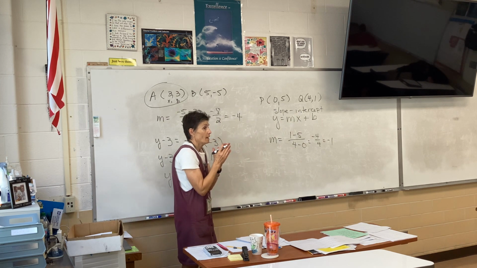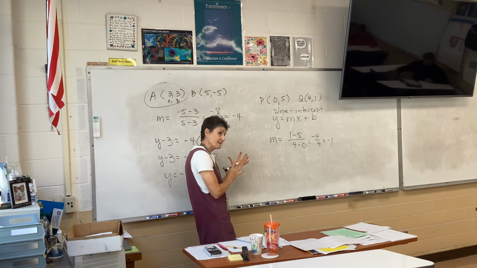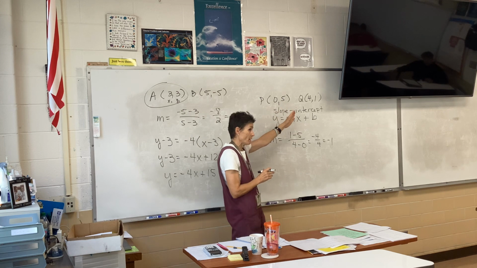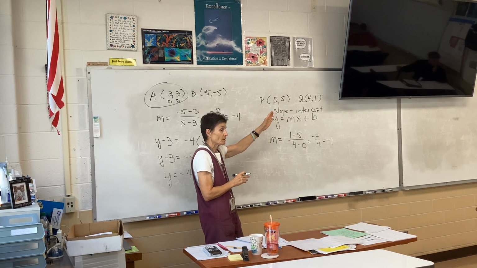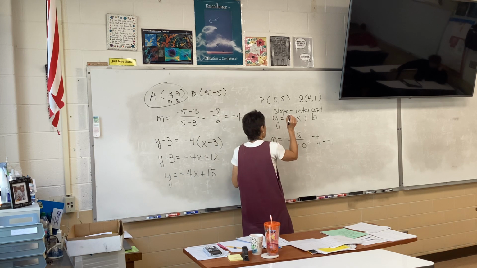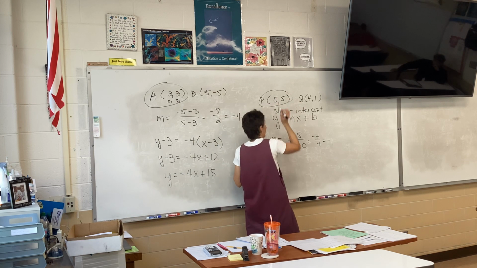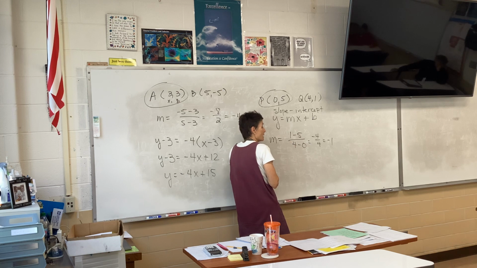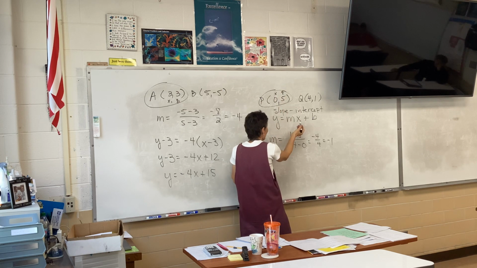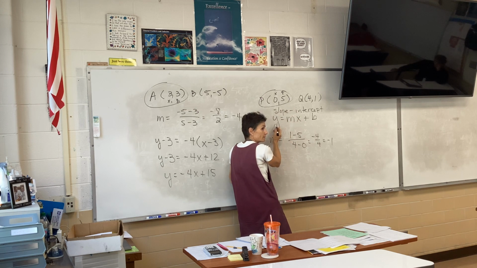Now, at this point, we're gonna plug in like we did before. So again, you're gonna pick one of your points. It doesn't matter which one. Pick whichever one you want. And then you're gonna plug in, so let's say I pick this point, okay? If I pick that point, then I plug 0 into my X position and 5 into my Y position.